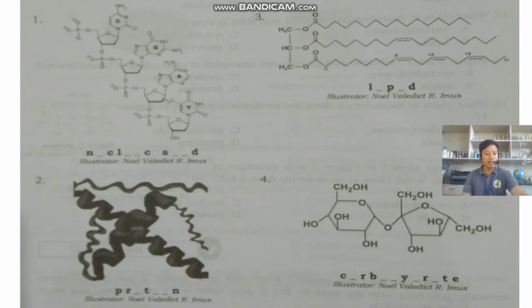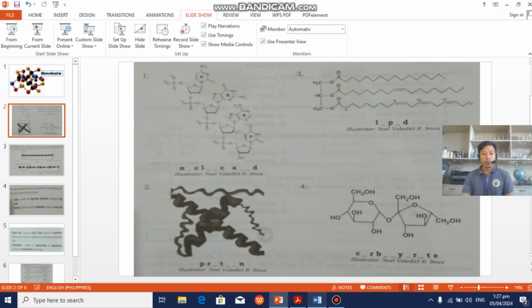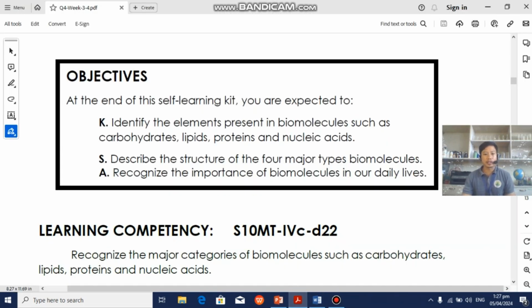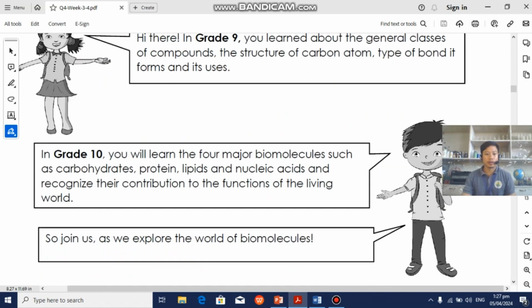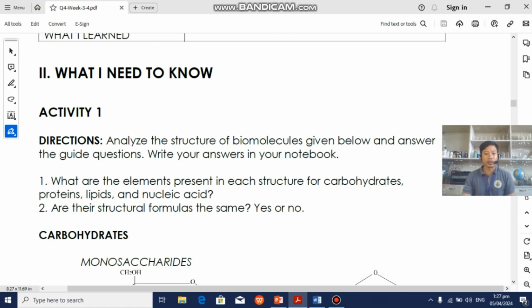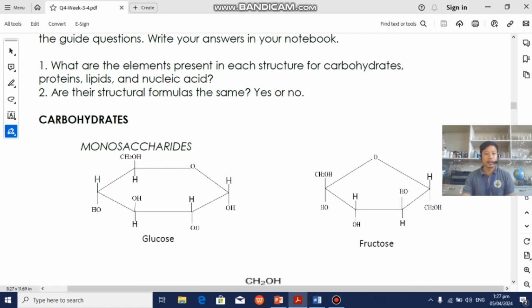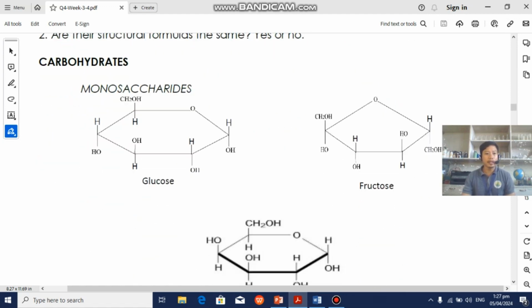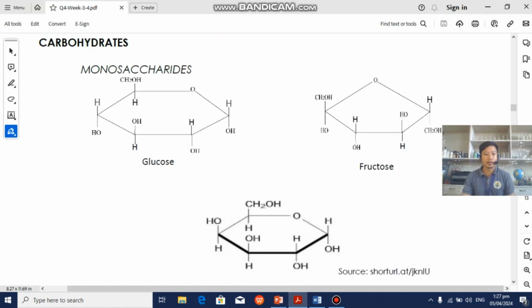So, this time, we have to identify the different elements present in the biomolecules. There are 4 major classes of biomolecules in our body. First, we have the carbohydrates.